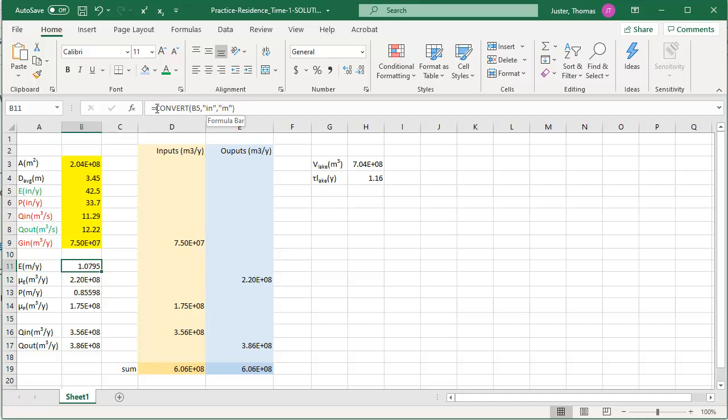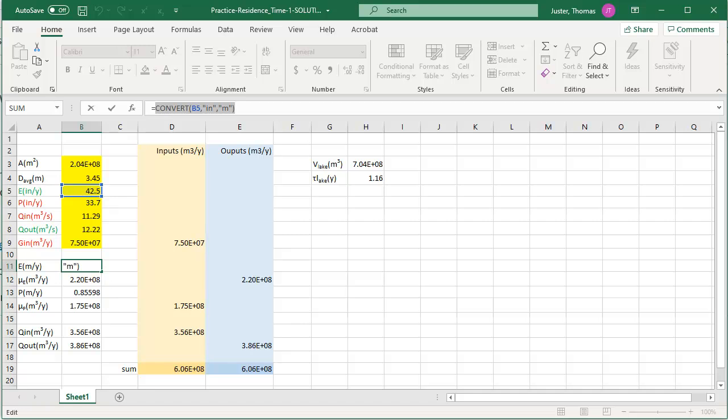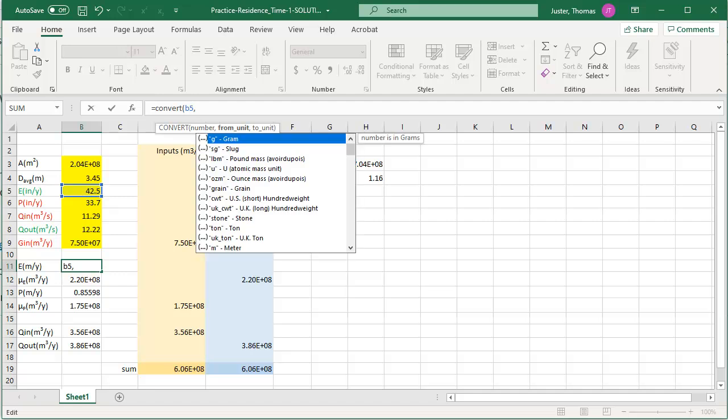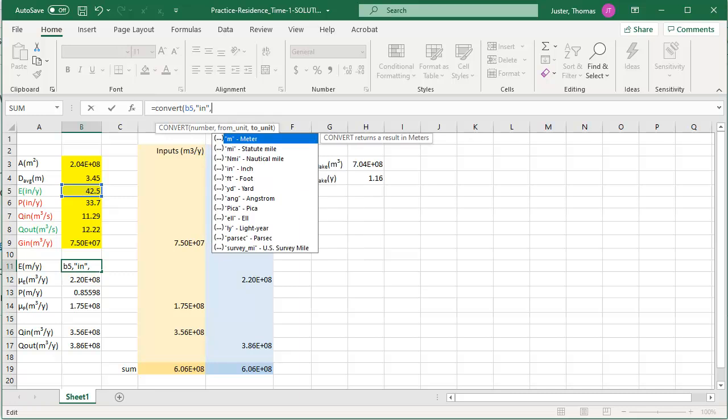And when you actually enter this equation, let me show you how it works. It'll actually show you the possible units that it knows. So if I were to type this in, I go equals convert the number in B5, okay, and then I hit parentheses, and these are all the things it knows how to do. And if I know that it knows inches, so I type inches here, and it immediately knows now I'm talking about length, and these are all the other lengths that it can convert inches to.